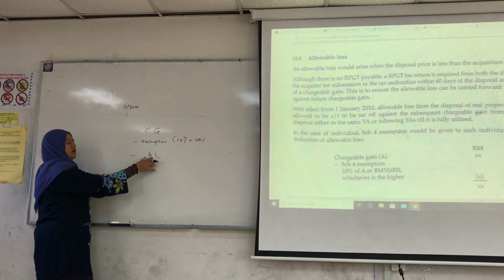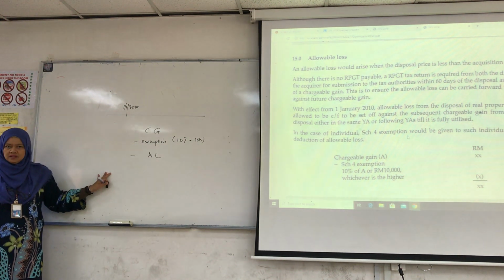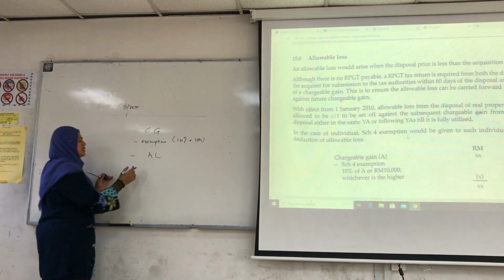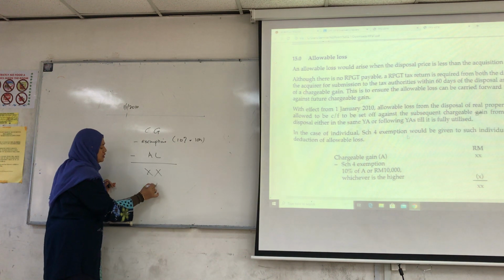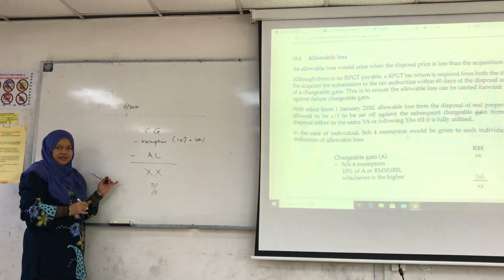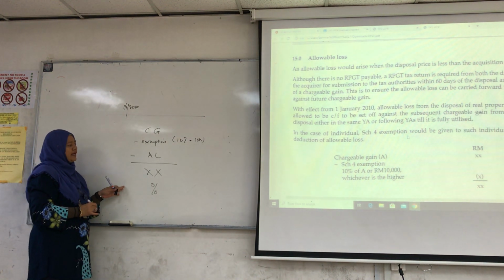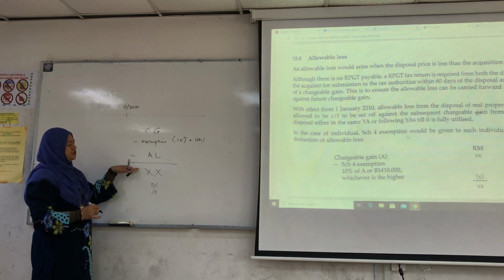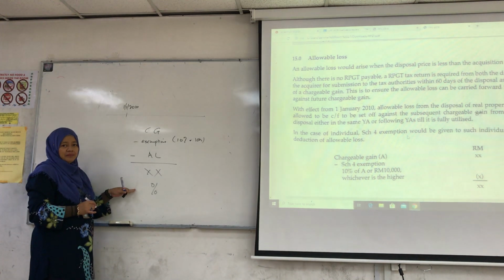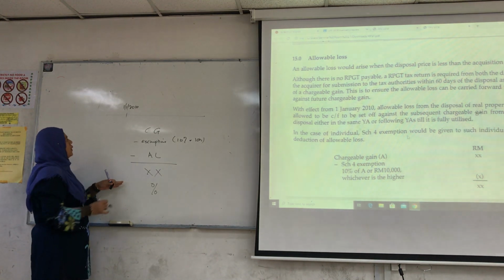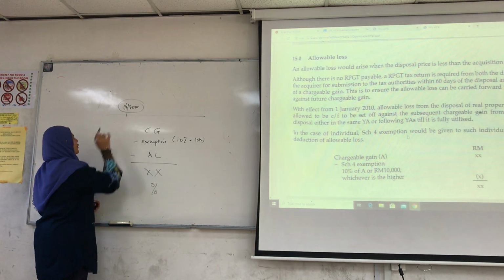Where do you get this allowable loss? From the previous disposal. You minus your allowable loss, then you get the balance, and then you times it by your RPGT rate. So this allowable loss will reduce your tax liability. So why is the date 1st January 2010?